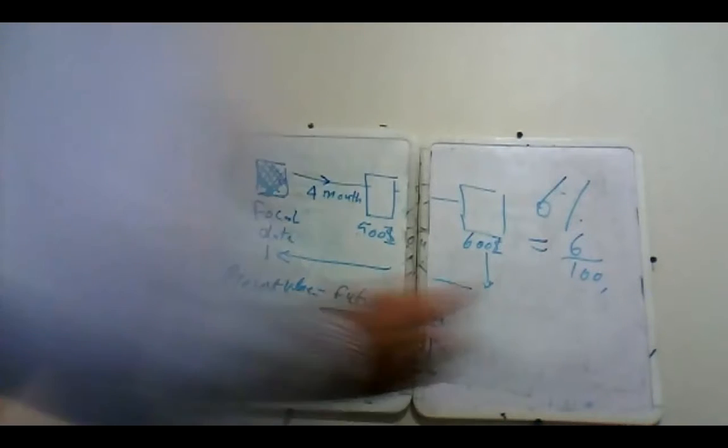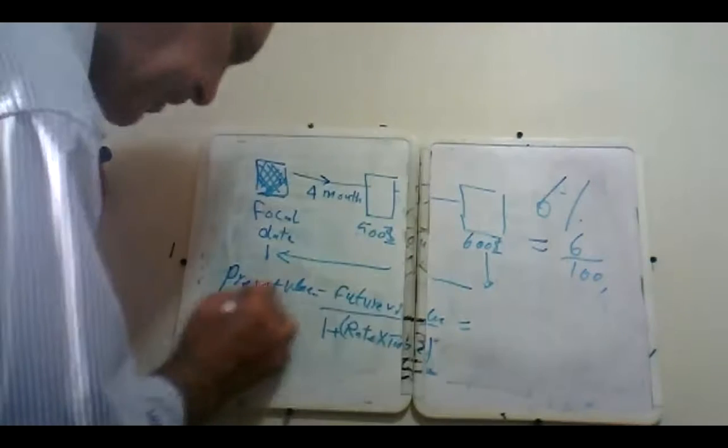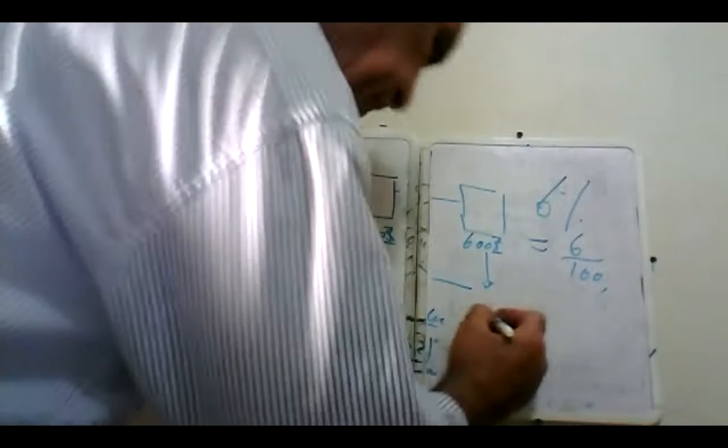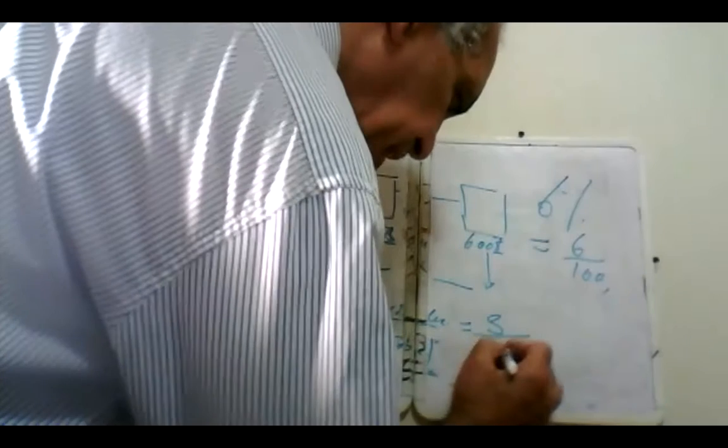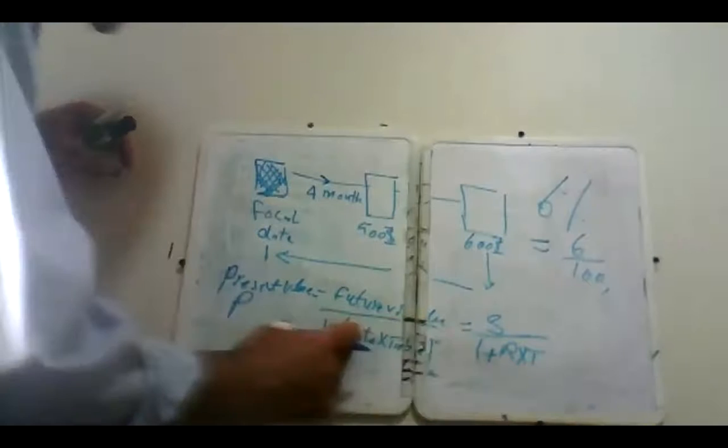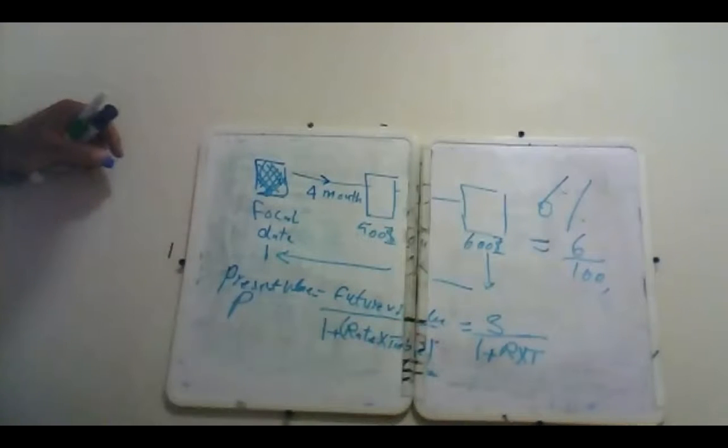So we call the present value P, and P equals the future value, which is S, divided by 1 plus R times T. R is the rate, T is the time, and S is the future value.